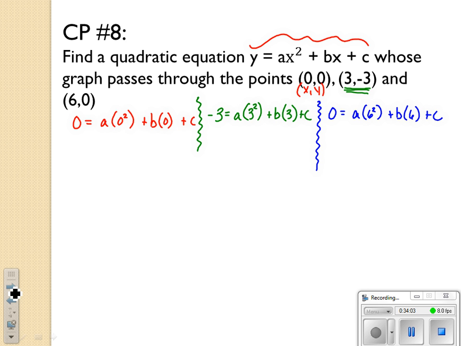All right, so let's do some simplifying. 0 equals, now a times 0 plus b times 0, those are gone. So nicely enough, this first one simplifies and actually gives us a numerical value for one of our variables. Let's take a look at the second line. This is going to be 9a, 3b, plus c.